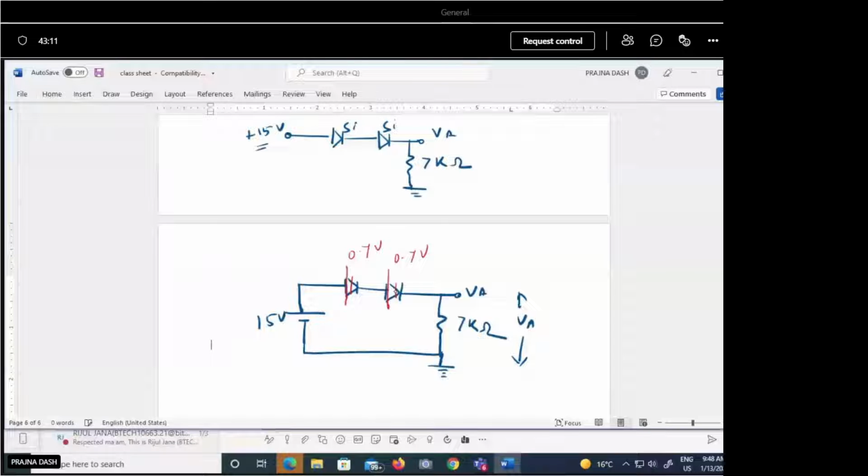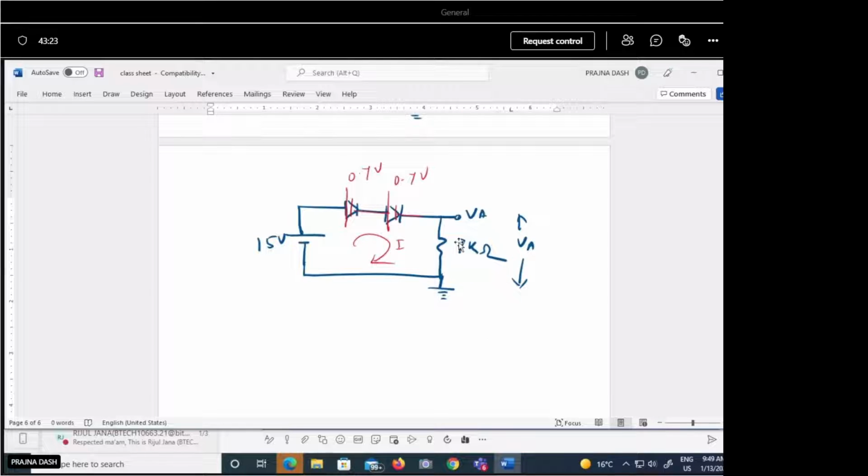Now just apply the loop. Let's say the current is your forward current, or simply I. So what will be the current I here? Just apply the KVL.